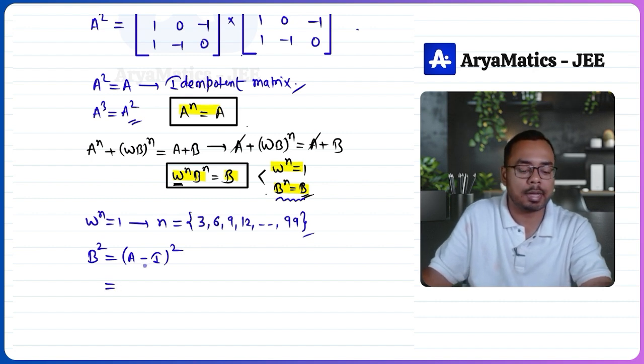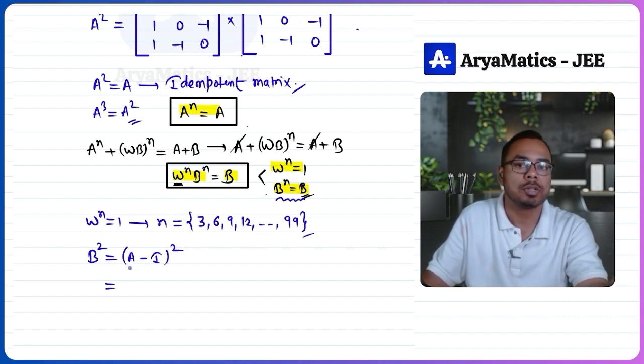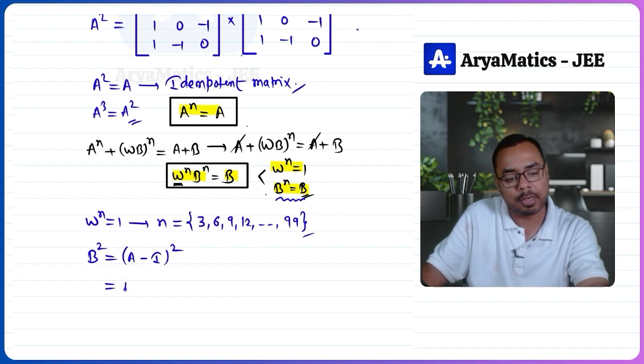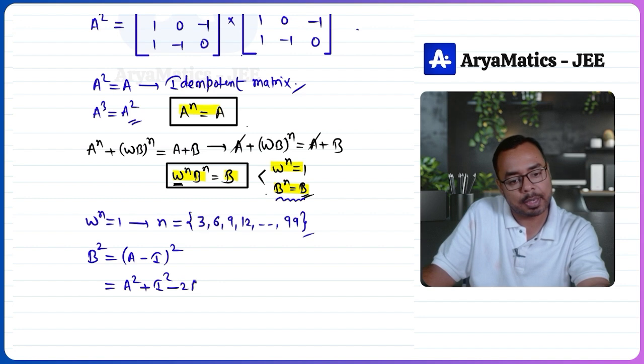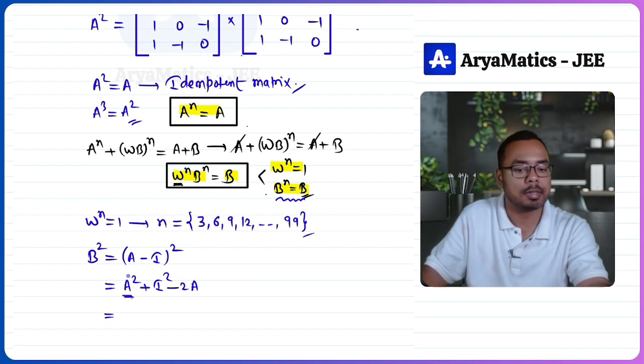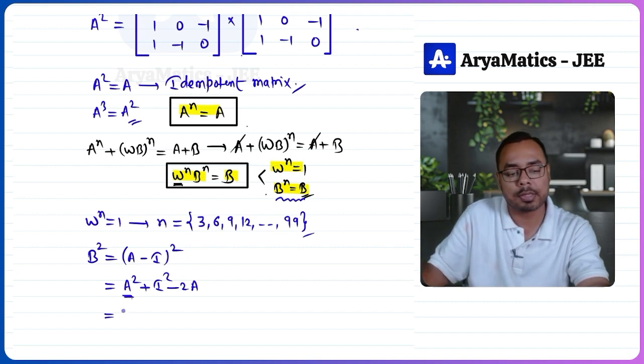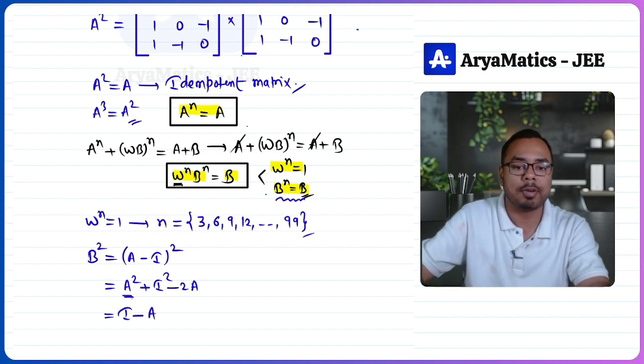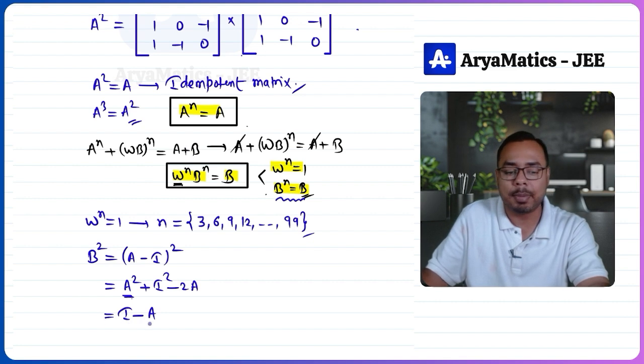Because A and I are commutative matrices, we can use the (a plus b) whole square formula, since I into A is the same as A into I. So this will become A square plus I square minus 2A I. Because A square is the same as A, since matrix A was idempotent, we can write this as I, and then A minus 2A, that is minus A. Now remember, matrix B was A minus I, and B square we are getting as I minus A.